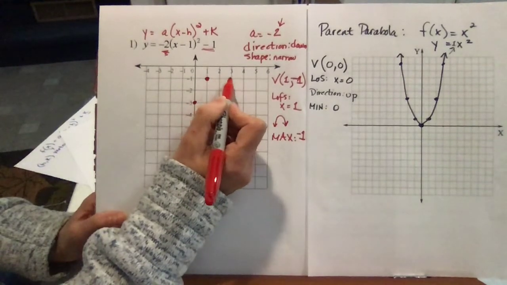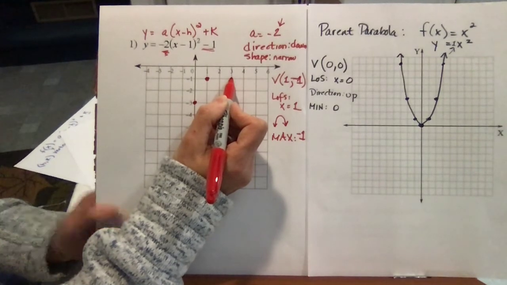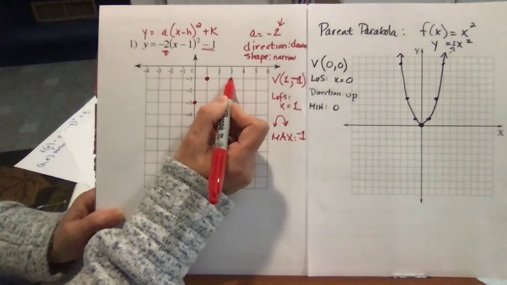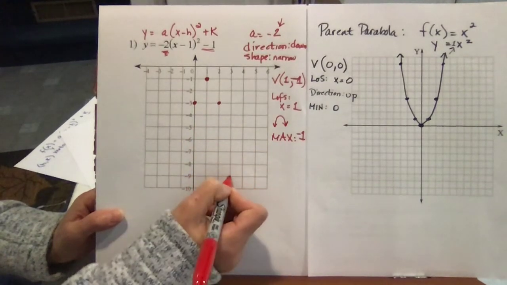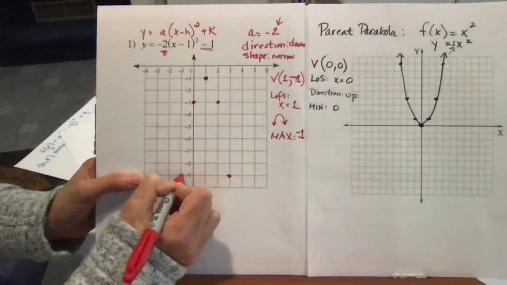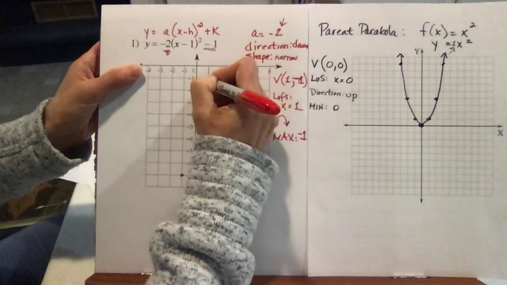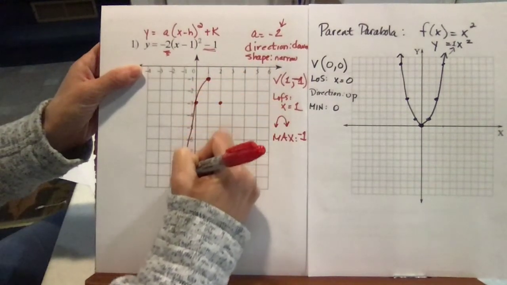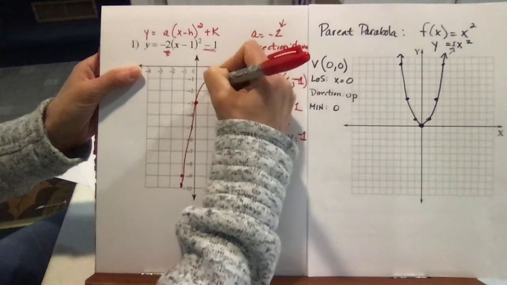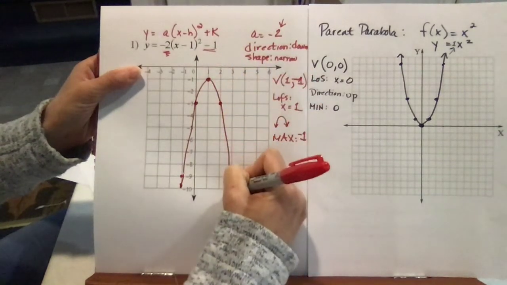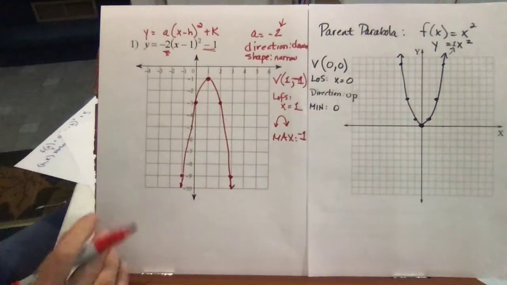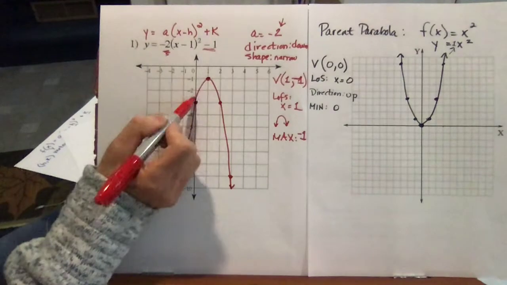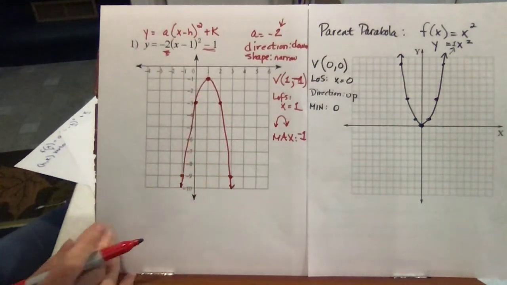When we move 2 away on the parent, we go down 4, but this says go twice the 4, so we go down 8: 3, 4, 5, 6, 7, 8. You can see that it's a lot narrower than our parent. And there's your nice parabola going downward with a vertex of 1, -1, growing twice as fast as the parent does.